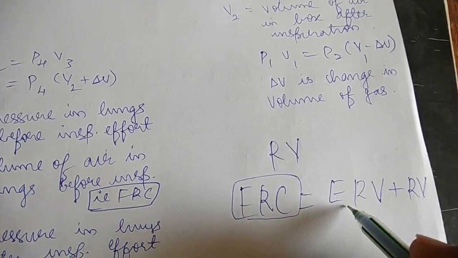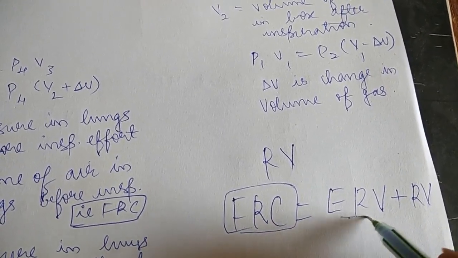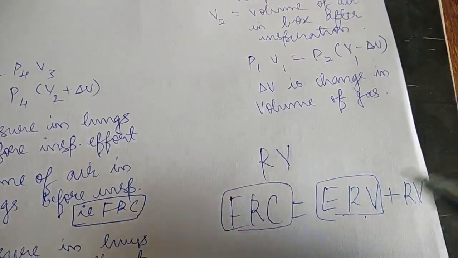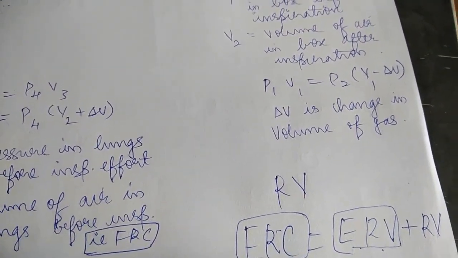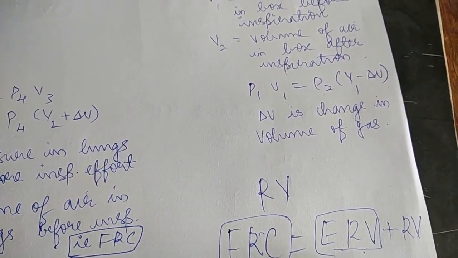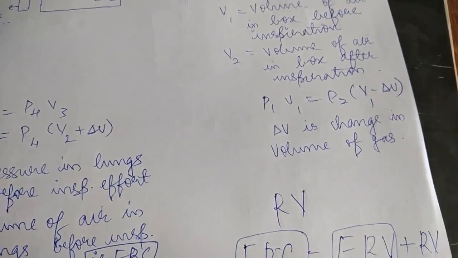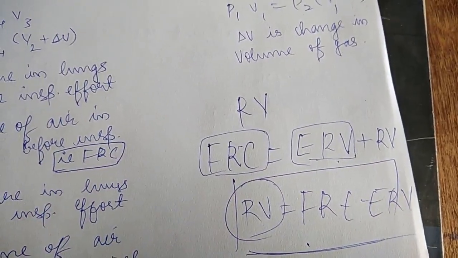Expiratory reserve volume we can calculate by routine spirometry, and when we know this, RV is equal to FRC minus expiratory reserve volume. This is how we calculate the residual volume. Thank you.